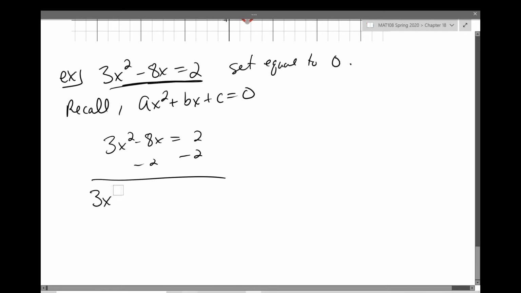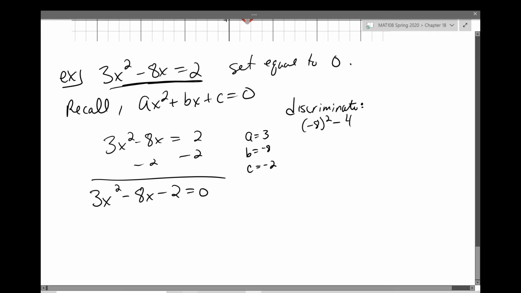3x squared minus 8x minus 2 equals 0. Let's find out what our solutions are going to look like. Let's find out what that discriminant looks like. So a equals 3, b equals negative 8, c equals negative 2. So I get negative 8 squared minus 4 times 3 times negative 2.